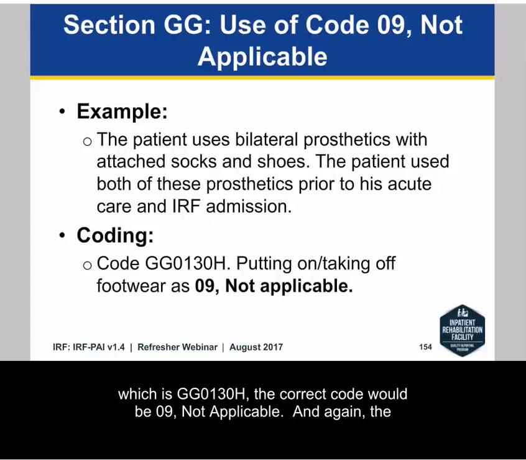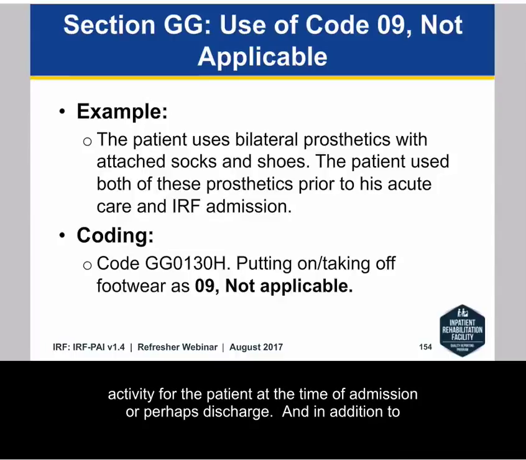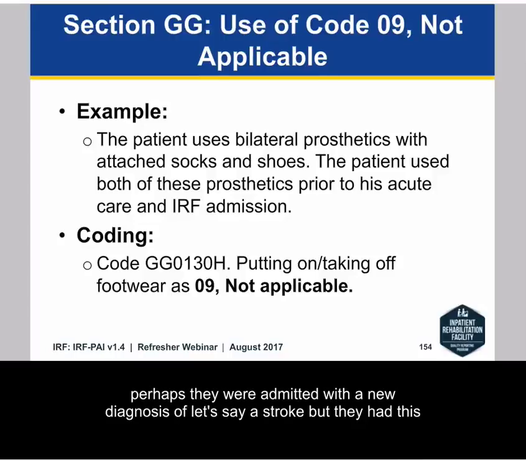The rationale is that the person didn't perform the activity and nobody performed the activity for the patient at the time of admission or perhaps discharge. In addition, this was not an activity that the patient did prior to their current admission. So perhaps they were admitted with a new diagnosis of, let's say, a stroke, but they had this prior use of bilateral prosthetics.